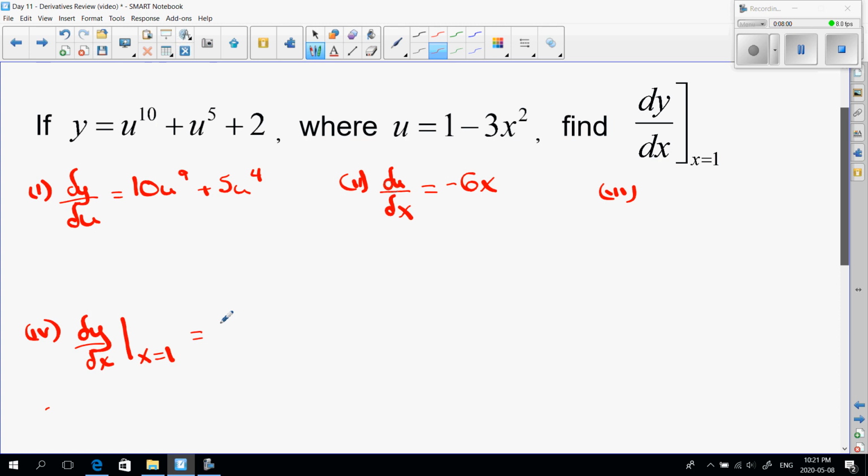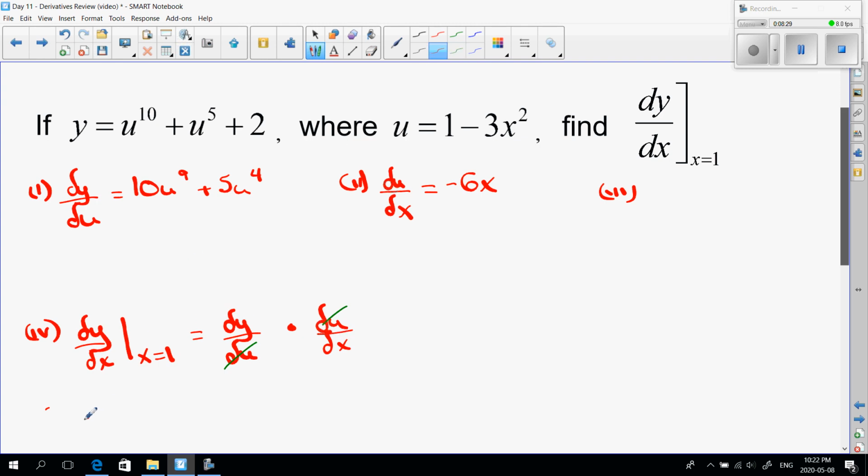Here's what I can do. I can take step 1, dy over du, and I can multiply it by step 2, which is du over dx. Now think about why that would work. Well, dy over du times du over dx, essentially, we can get these things to cancel, and it would leave dy over dx.